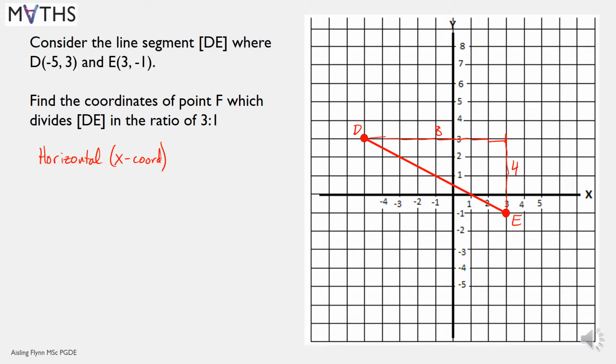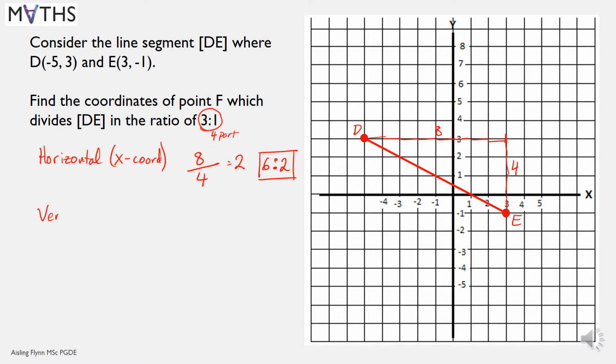To go from D to E is 8 units across. So let's divide 8 into the ratio of 3:1. As discussed previously, that's 4 parts, so we divide 8 by 4 and we get 2. So 3 2's are to the left of our point, that's 6, and 1 2 is to the right of our point. So 6 is to 2.